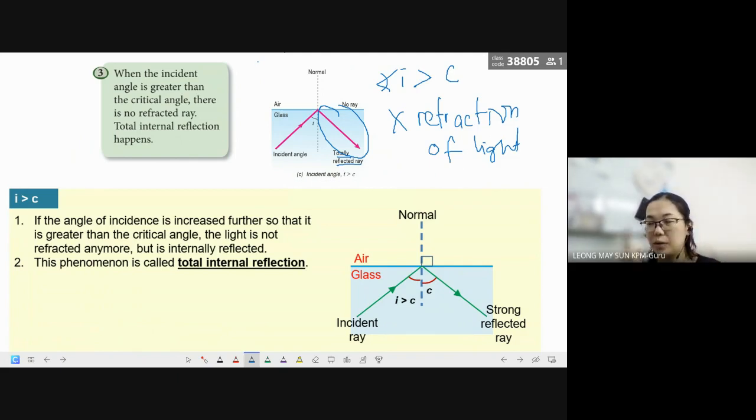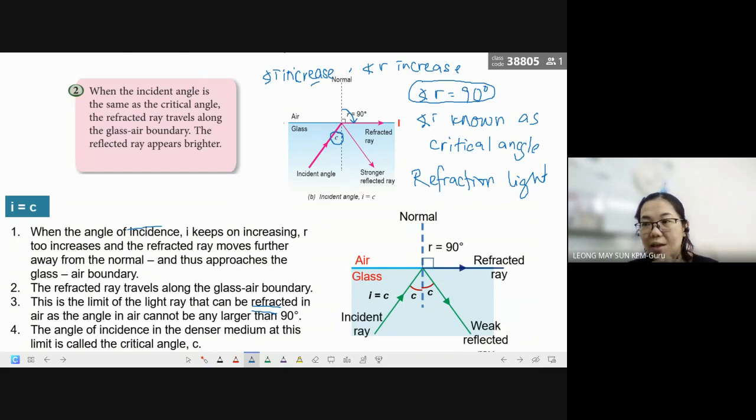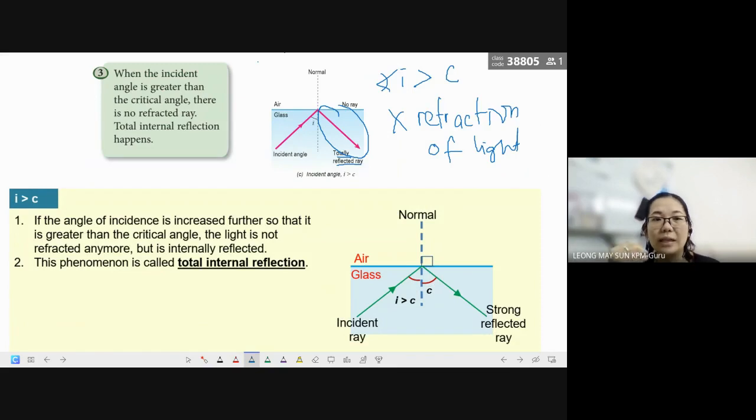Please do take note: the critical angle situation is still refraction of light, the refracted angle is still 90 degrees. Only when the incident angle is bigger than the critical angle will total internal reflection happen. If the angle of incidence increases further, greater than the critical angle, the light is not refracted anymore, but is internally reflected back.